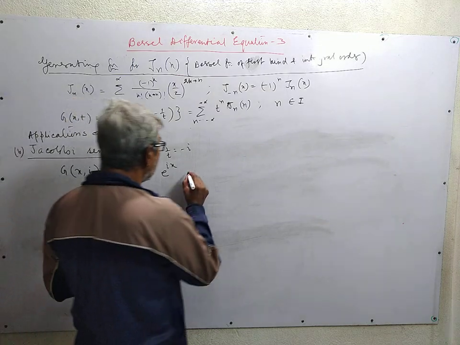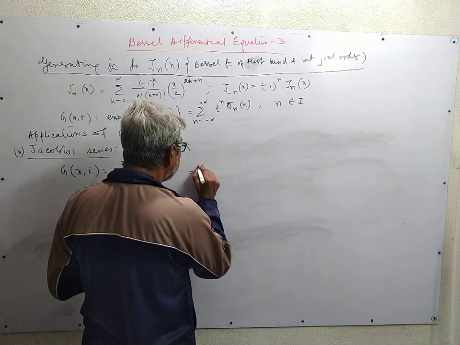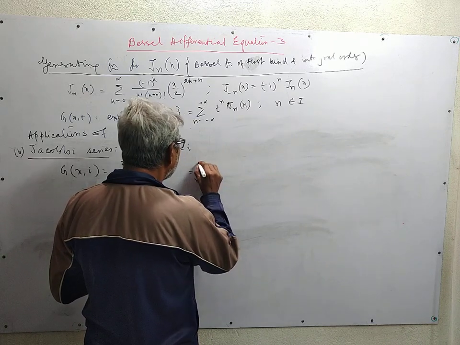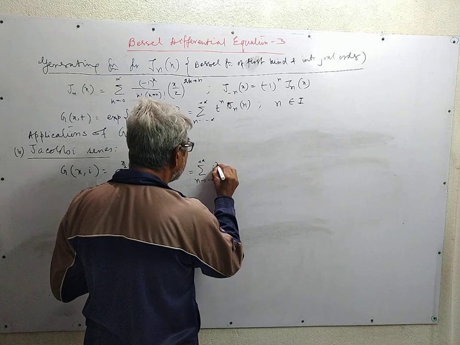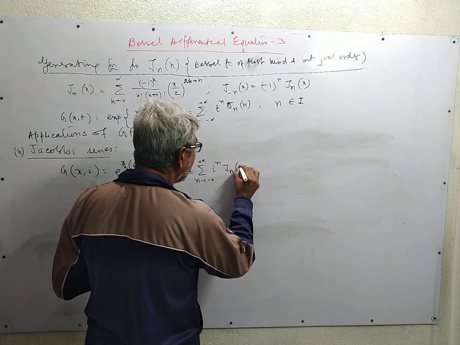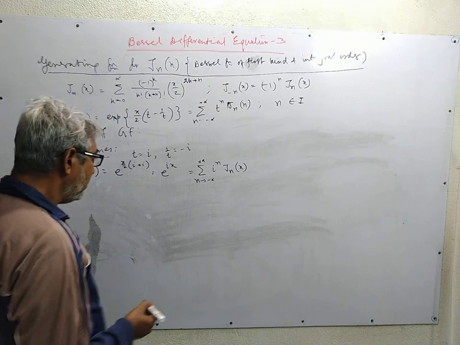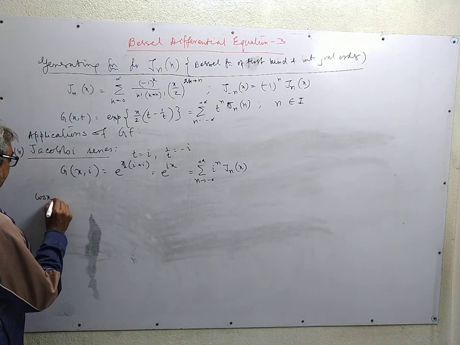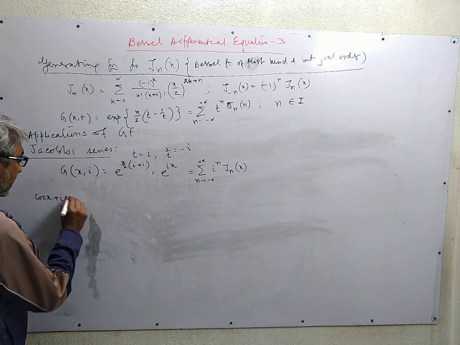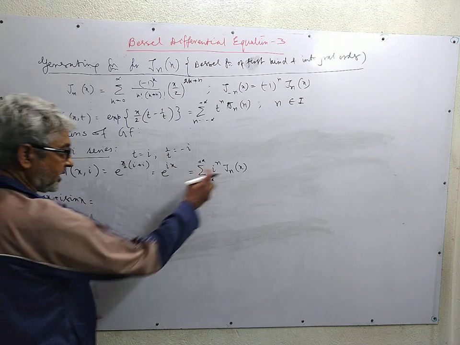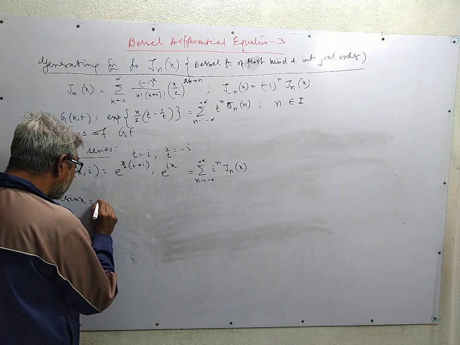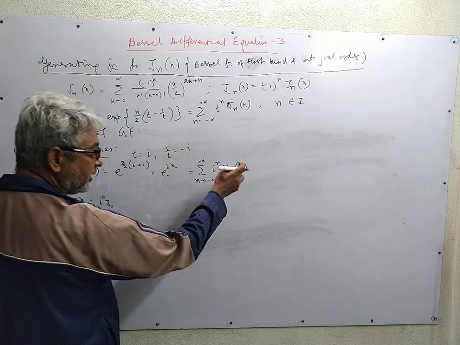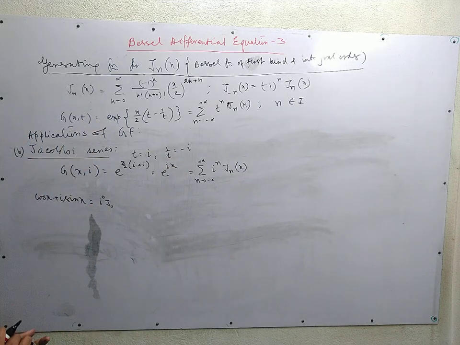On the right-hand side we have the summation over n ranging from minus infinity to plus infinity of i^n J_n(x). We write the left-hand side as cos x plus i sin x, and on the right-hand side first n is equal to 0, so i^0 J_0, omitting the argument, which is x all alone.